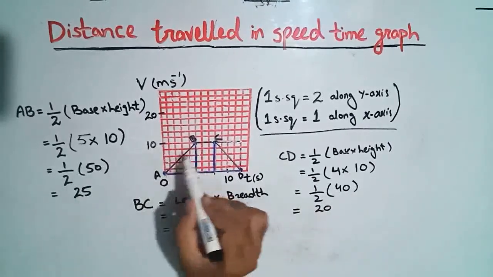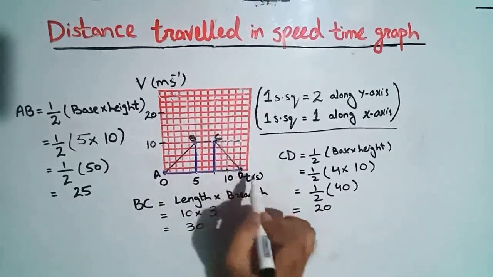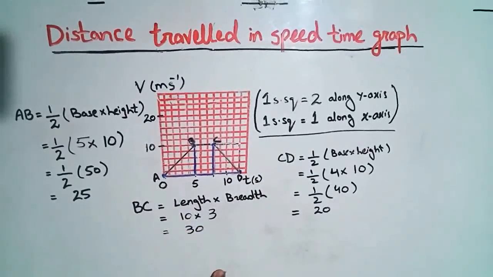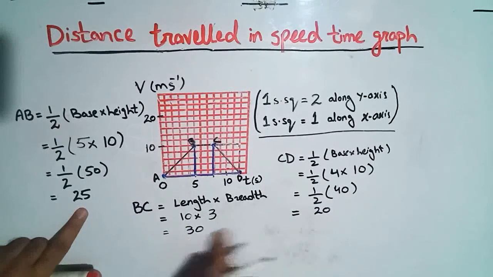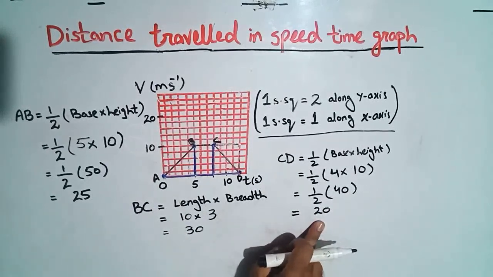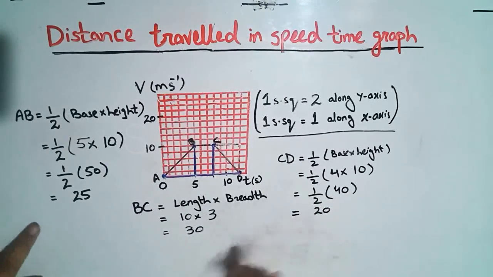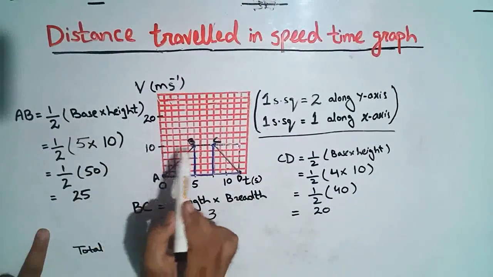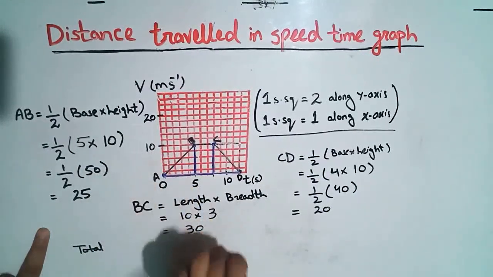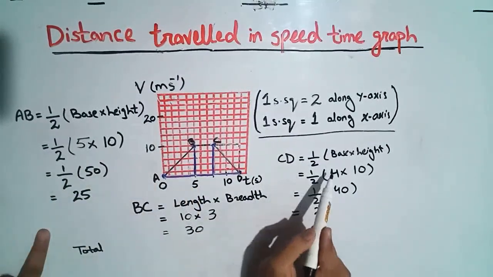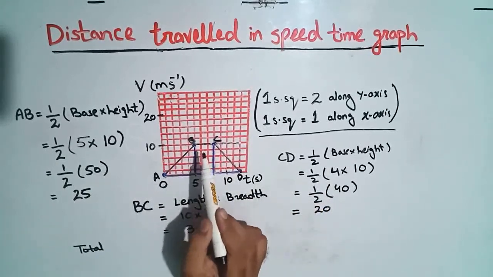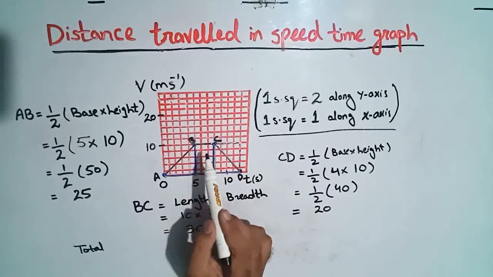So all these 3 curves, A to B, B to C and C to D, have given us the values 25, 30 and 20. Now I want to calculate the total distance, so I will add all. There I can write total distance. All of these are areas, but the area under the curves on the graph will give us the total distance.